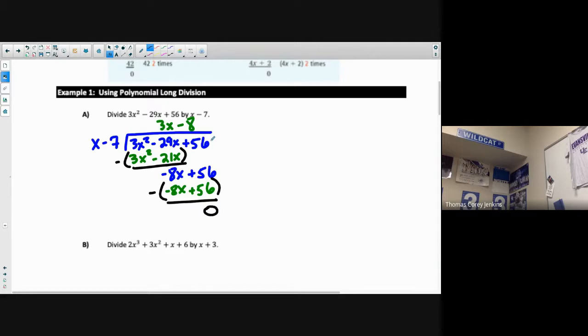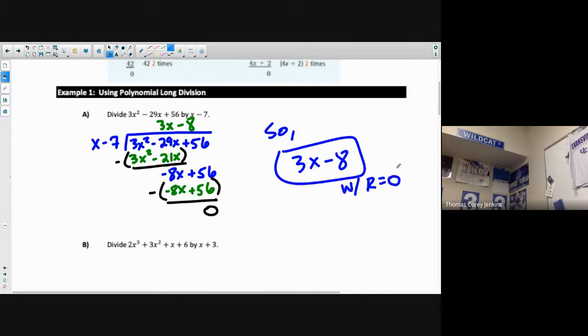So our answer, our quotient, is 3x minus 8. And then you might have to say with remainder 0. So that's going to be important too. We'll focus on that remainder once we get going.